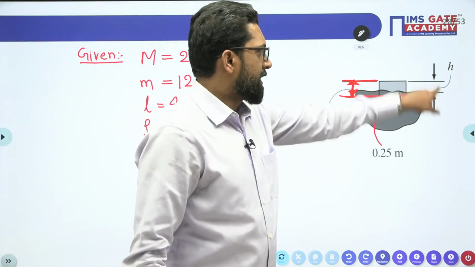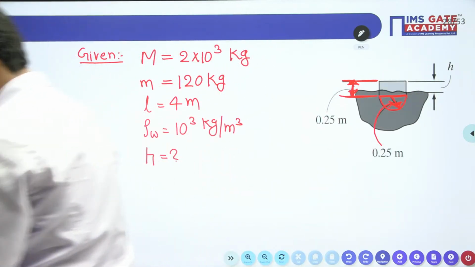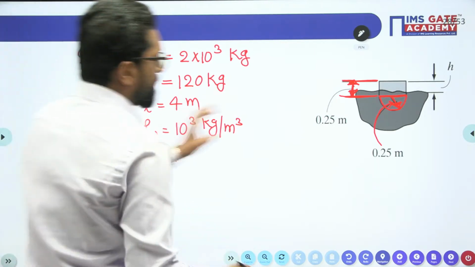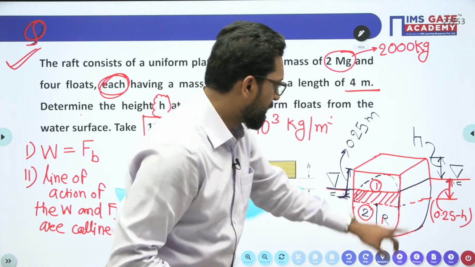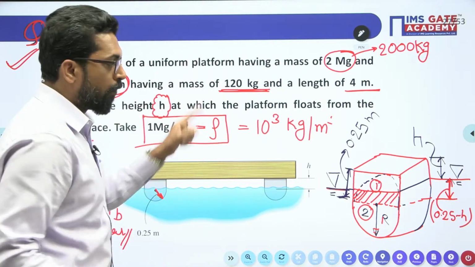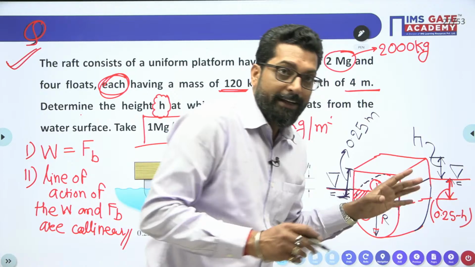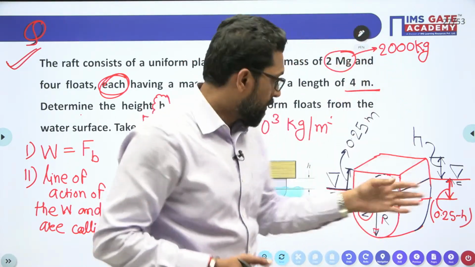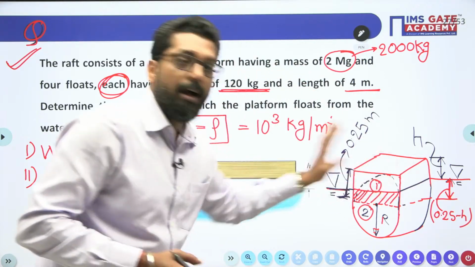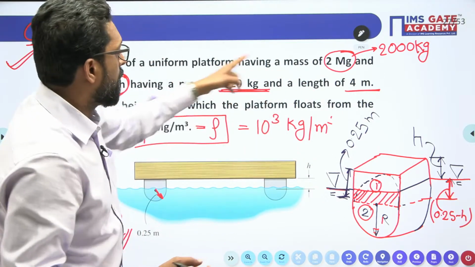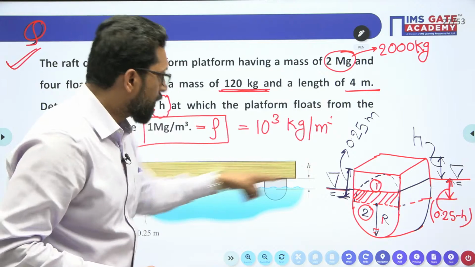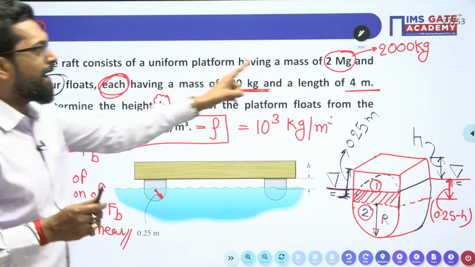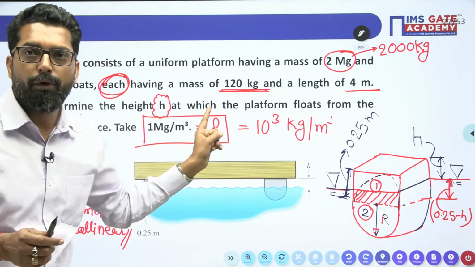Let's suppose h height. So first we find whether it is fully submerged or not. We suppose that this is one float. So what is the weight that will act on one float? The mass is distributed. There are 4 floats, so this mass is contributed on all the floats.